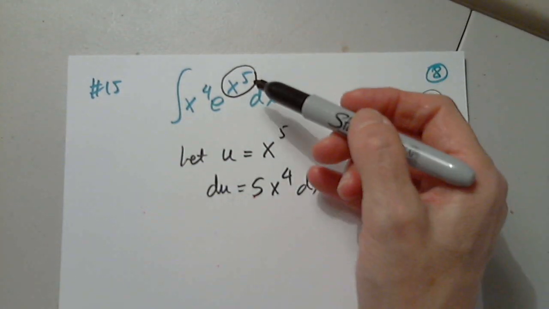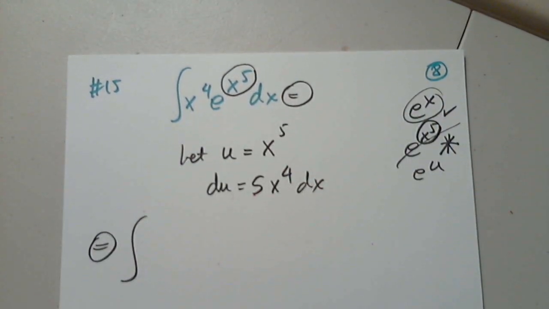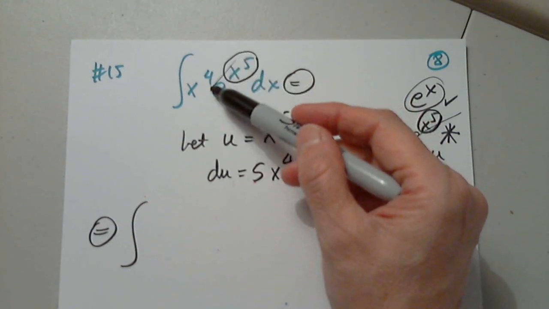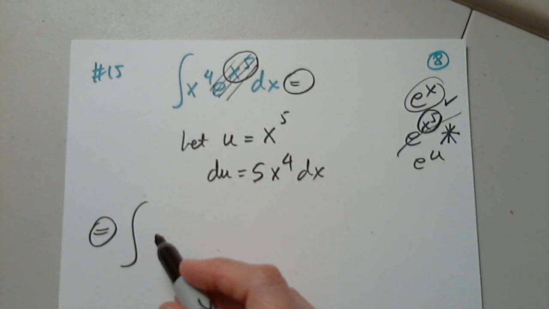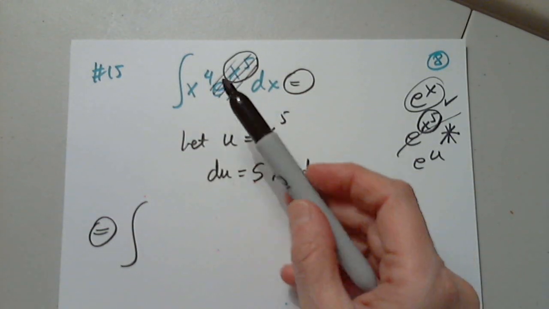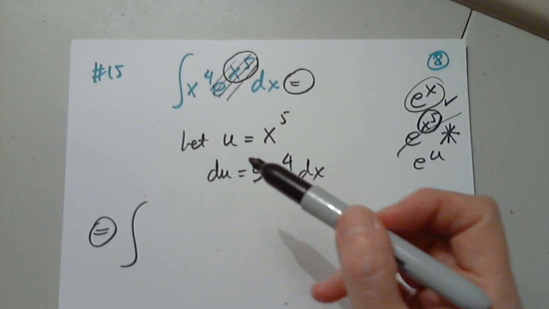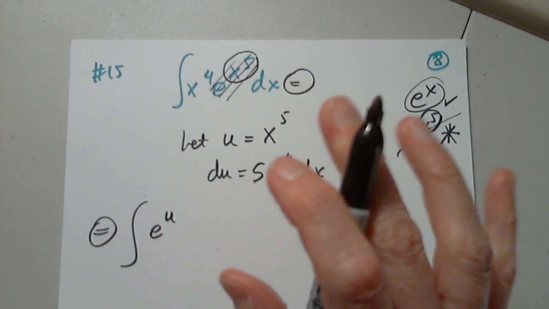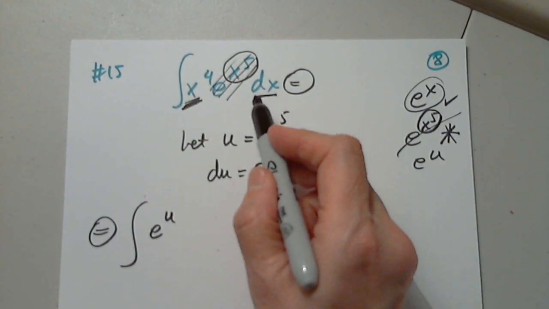So coming back here, we have the indefinite integral. What do I replace this by? Just e to the u. Exactly. Now we have to think. I have an x to the fourth, and I have dx.